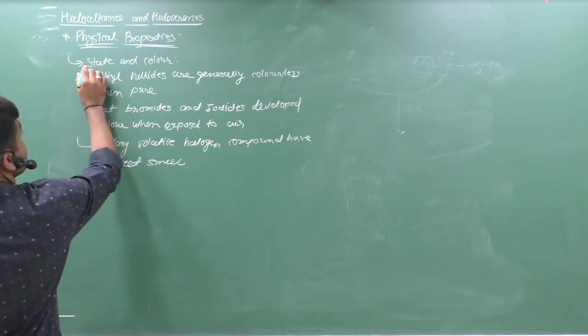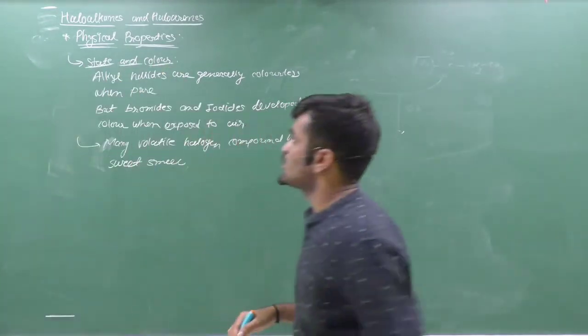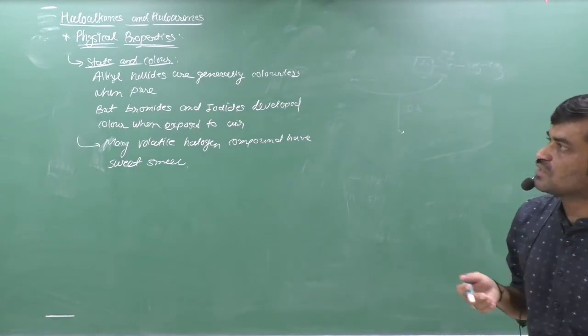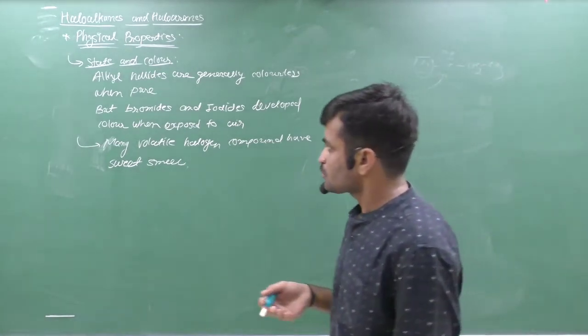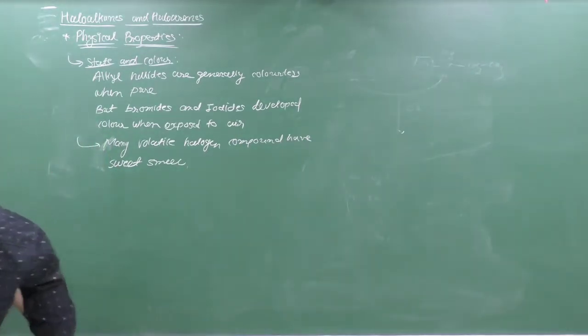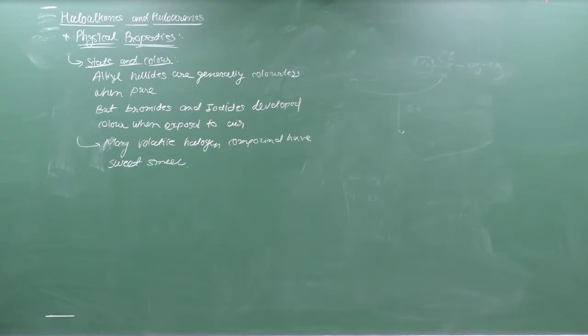So that is the first point we discussed in physical properties, state and color. Alkyl halides are generally colorless when pure, but bromides and iodides develop color when exposed to air. And the next point is many volatile halogen compounds have a sweet smell. Clear? So that is the first point.